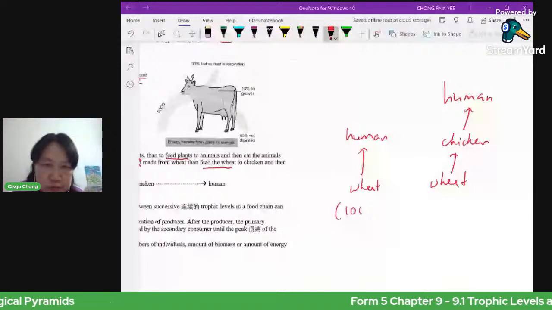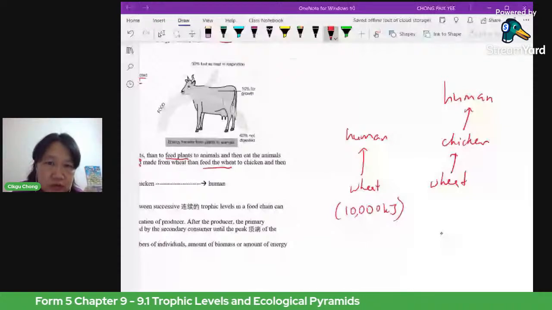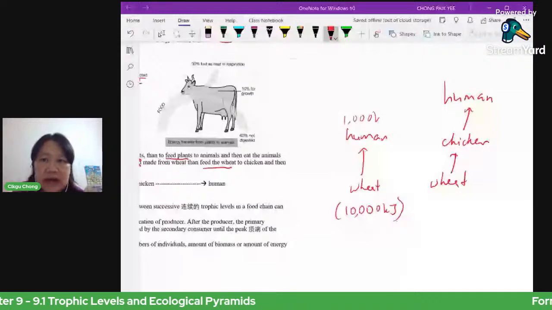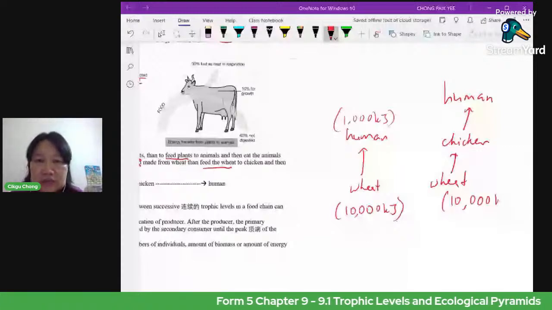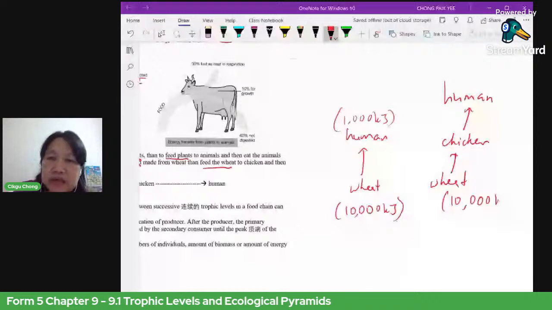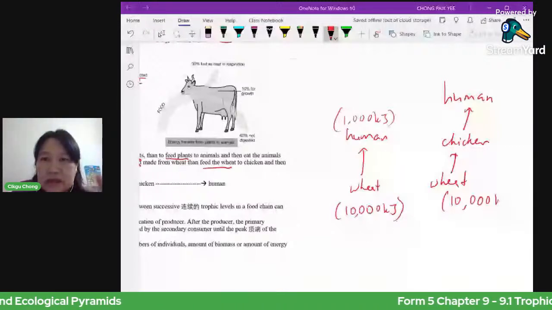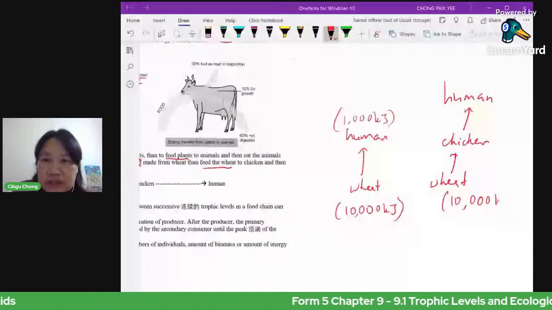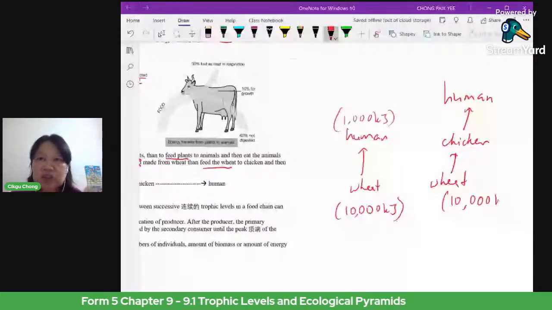So if this one, 10% of it is only maybe 1,000, is it? 1,000 kilojoule. Correct? And then if here 10,000, if I had to go through another trophic level, the chicken will get 1,000, is it? The chicken, sorry, I have to write. It's a bit messy. Chicken will get 1,000 kilojoule. And then the human will be getting only 100. You get what I mean? All right. So this is the logic. Right? This is the logic.